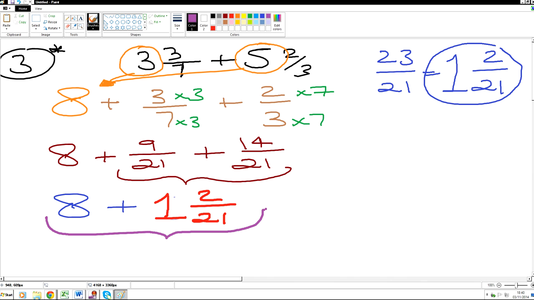If I give you 9 add 1 and 2 over 21, it becomes 10 and 2 over 21. Just add the whole numbers up. So the 8 add 1 will give us 9, and the 2 over 21 remains unchanged. And that is the final answer.